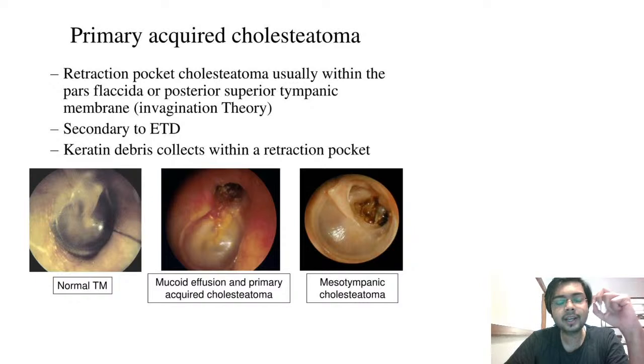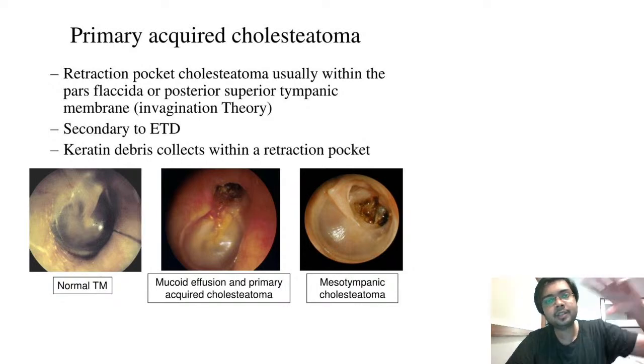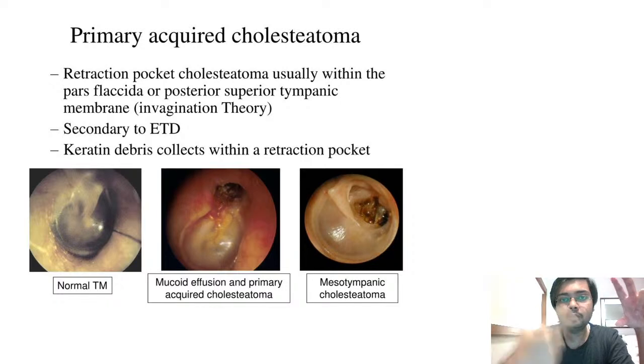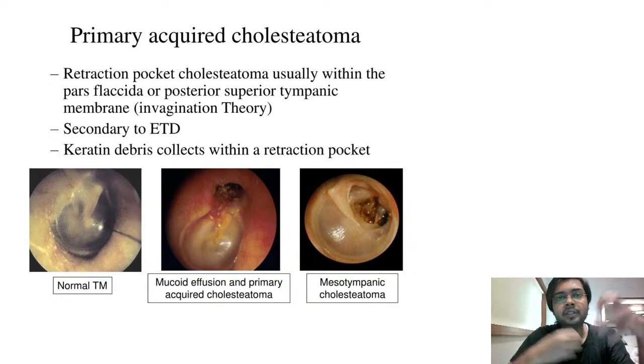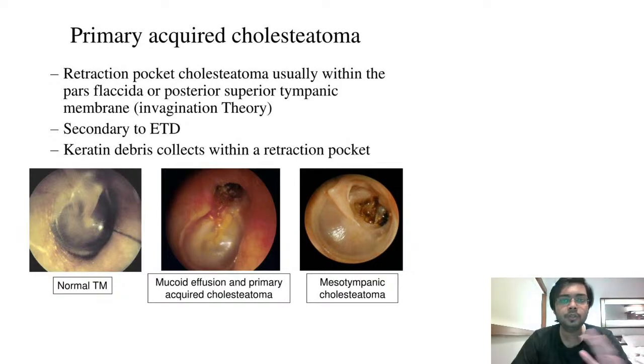Okay, so this Prussak space is the route through which retraction pocket occurs, and once this retraction pocket progresses to an extent that it loses its self-cleansing property, the squamous epithelium starts depositing there, and due to this deposition of the squamous debris, the cholesteatoma starts forming, and then the cholesteatoma releases enzymes that cause bone erosion.